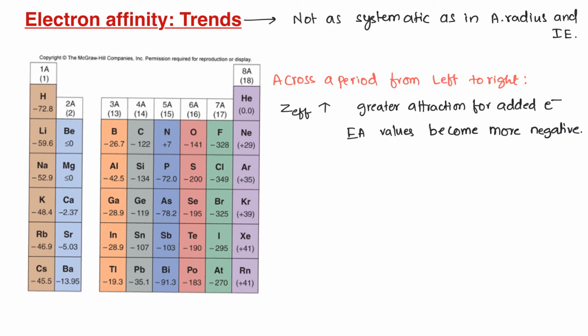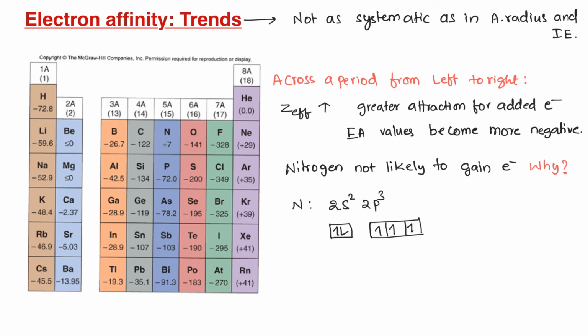For example, the electron affinity of nitrogen is supposed to be a higher negative value than that of carbon. However, it is a positive number. That is, nitrogen is unlikely to accept an electron. Why do you think nitrogen is unlikely to gain an electron? The answer to these kinds of questions lies in its electronic configuration.